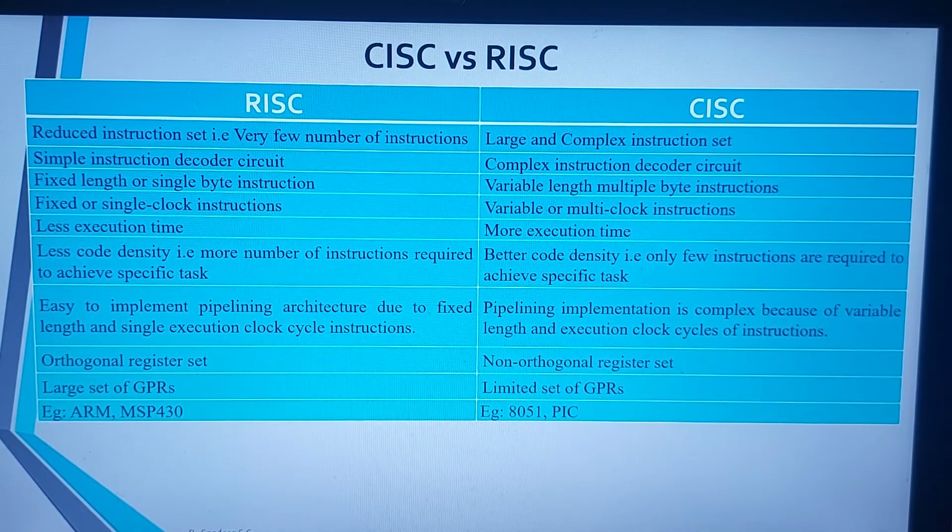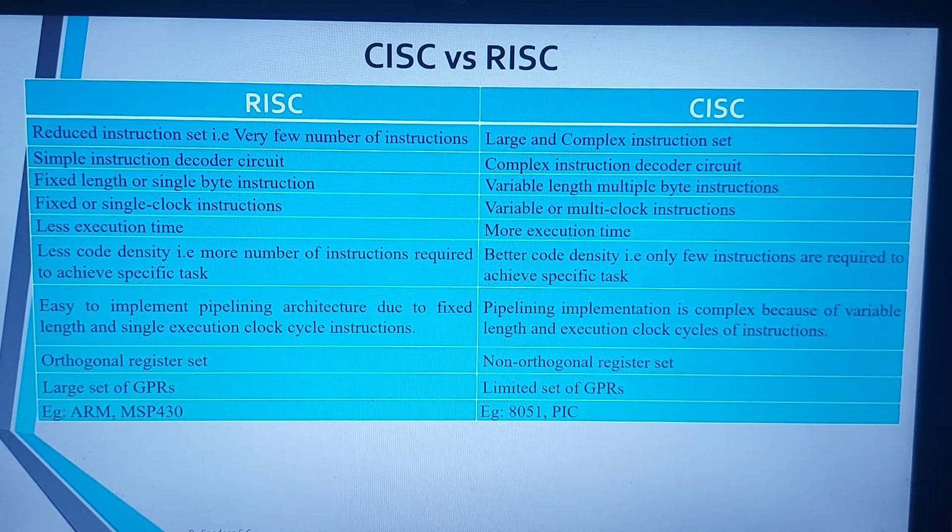However, in both cases, whether it is RISC or CISC, some registers can have multiple functions associated with them, so the programmer has to take care which register is to be used for which operations. Then if we talk about general purpose registers, RISC will provide a large set of general purpose registers, whereas CISC has a very limited set of GPRs.